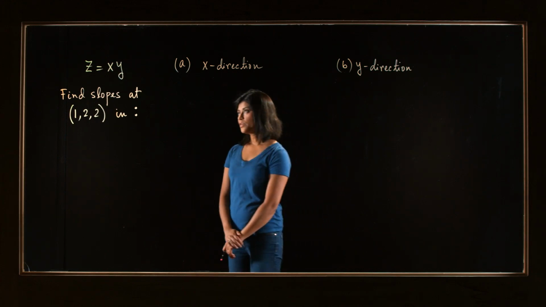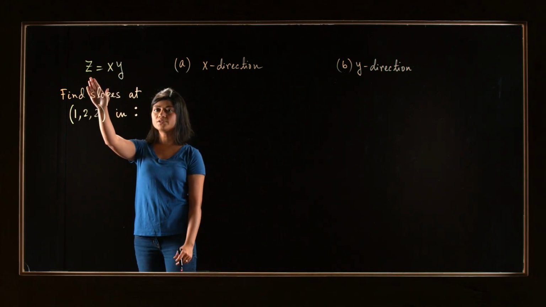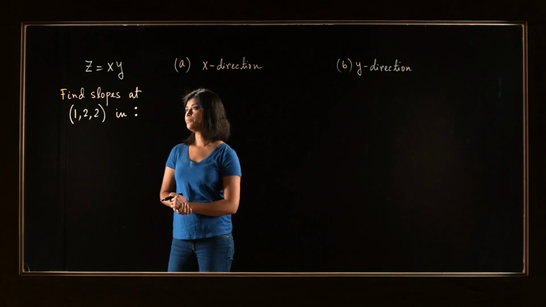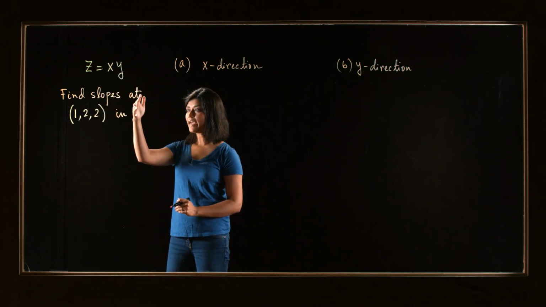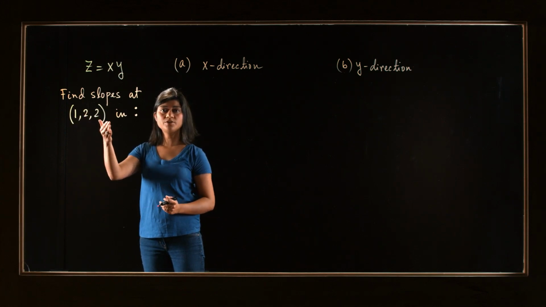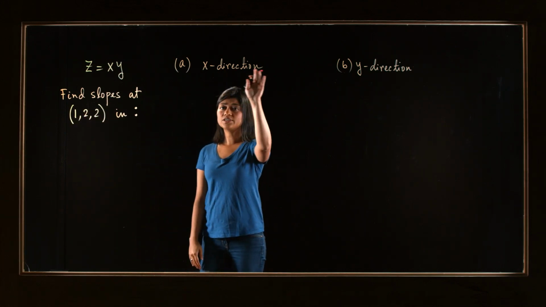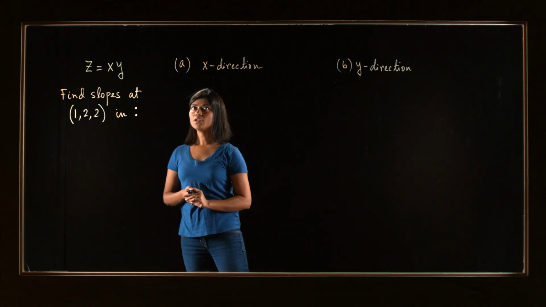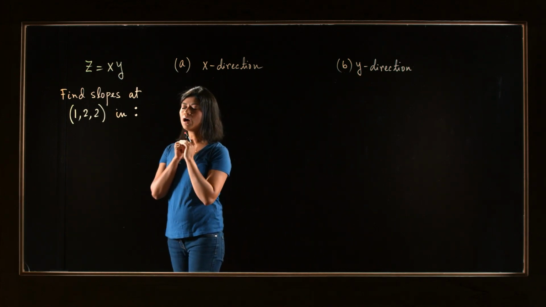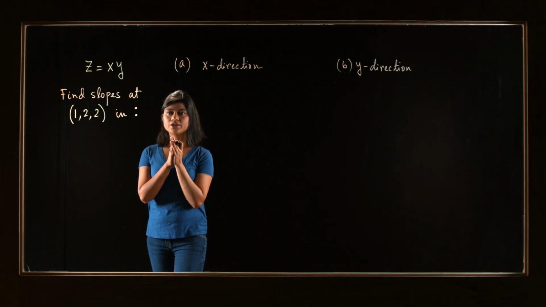In this problem, we have this function of two variables, z is equal to x times y, and we have to find slopes to the surface at this point (1, 2, 2), first in the x direction and second in the y direction. Now, how do we compute slope in x direction?